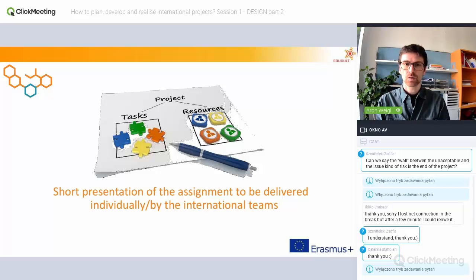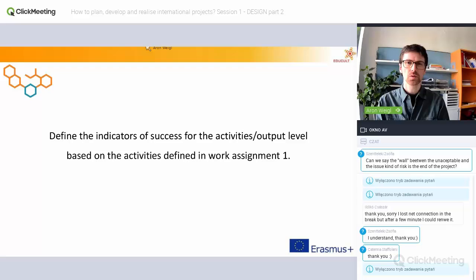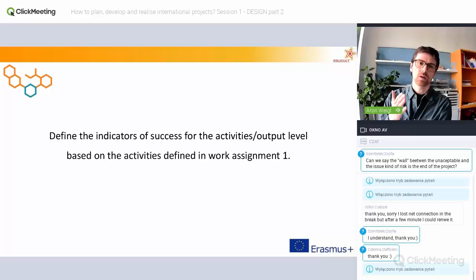I would like to add also to define indicators of success. Because when you do the Gantt chart, you have to define milestones and activities. So you could also think about indicators of success for certain activities. So that would be the additional assignment from my part.